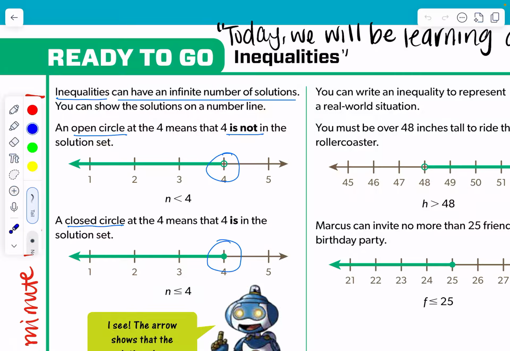However, when we have a closed circle, it lets us know that the number that we are at is included in the solution set. So this one tells us that 4 is included. It is potentially one of our answers. And so it is modeled by having this or equal to sign at the bottom.